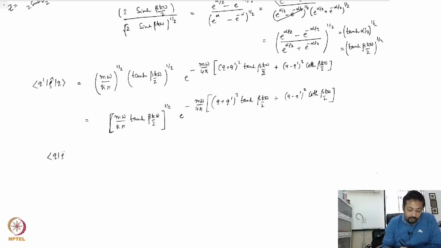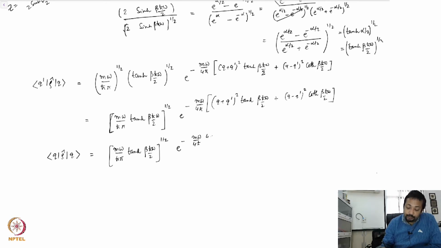So if I evaluate q rho hat q, the classical counterpart of this is rho of q. We have seen this for the ideal gas, I mean a single free particle, where this corresponded to 1 by V. Here this corresponds to m omega over h bar times pi, and then I have tan hyperbolic beta h bar omega raised to the power half e to the power minus m omega over 4h bar.